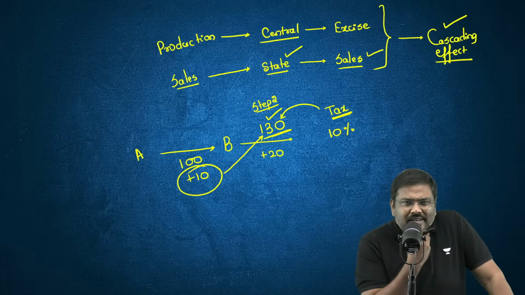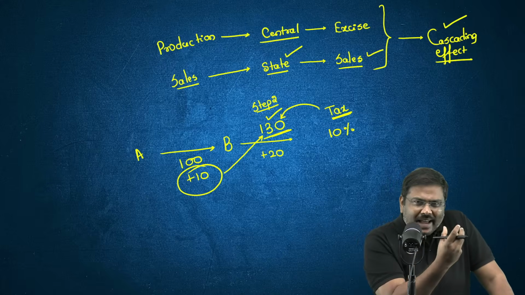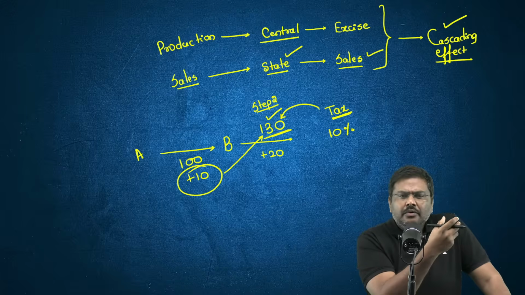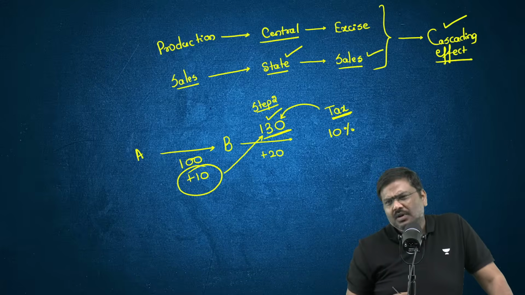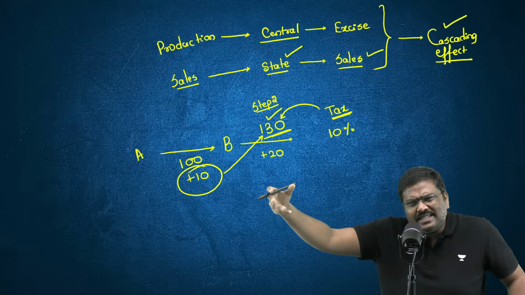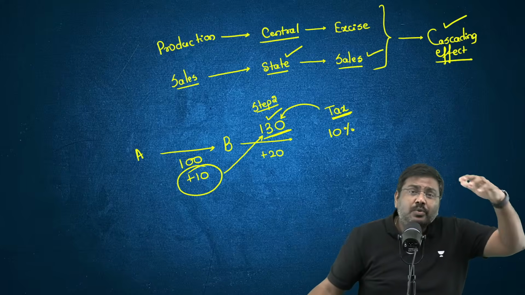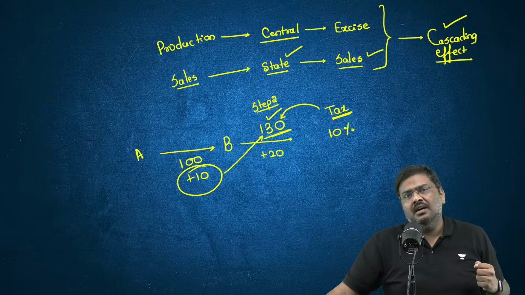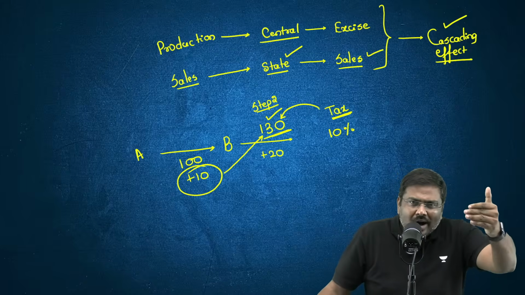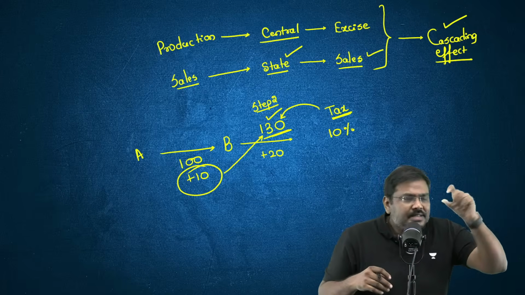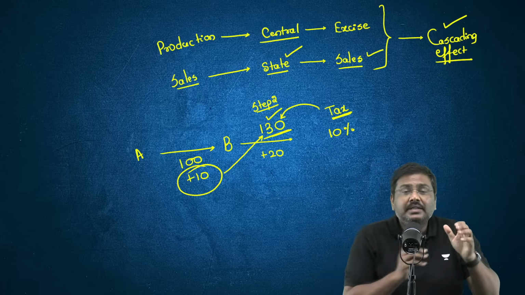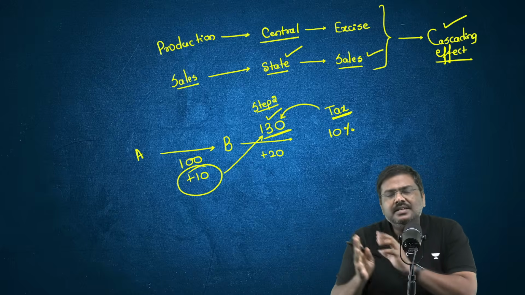And have a look at this. The indirect taxes at that point of time varied from one state to another state. One state would have a different sales tax. Another state would have a different sales tax. Right? So from one state to another state, the indirect taxes were different. Central government, state government, there were multiple indirect taxes.